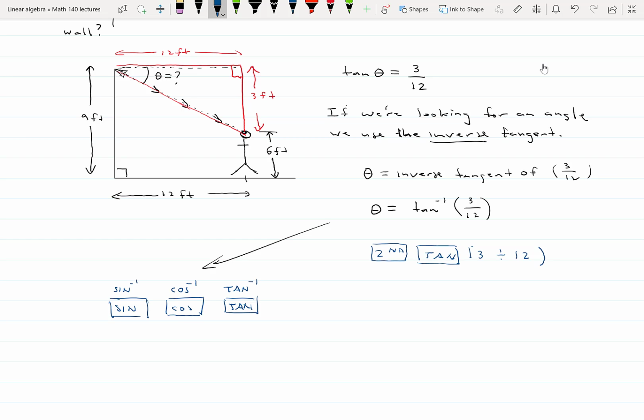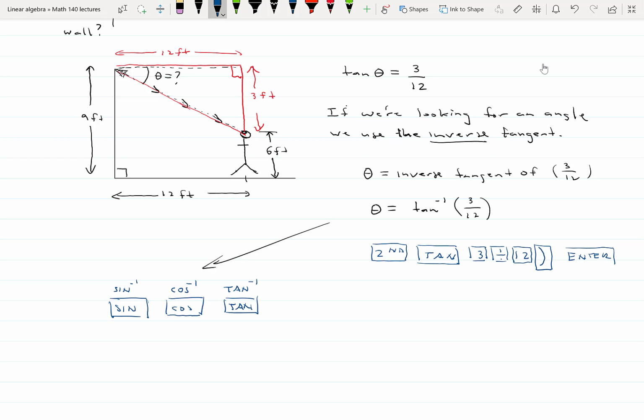Then you push 3 divided by 12, then you close the parentheses, and you push enter.